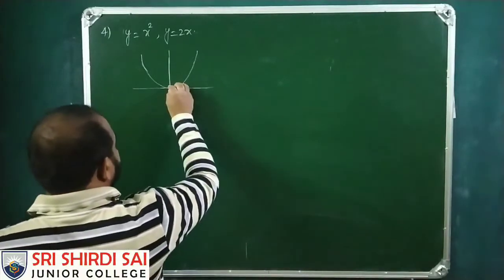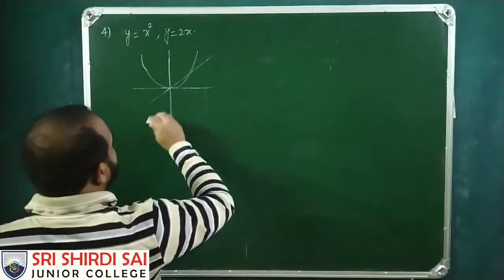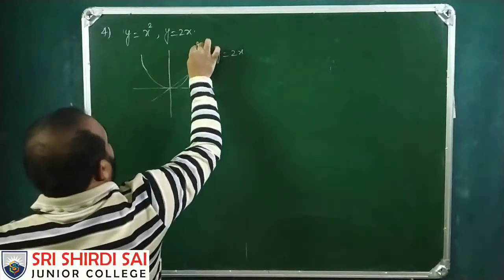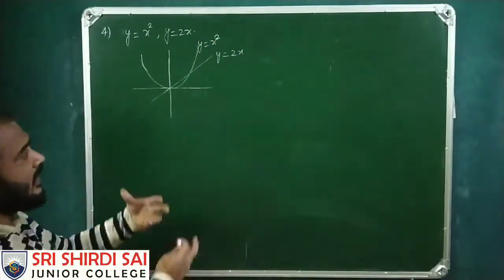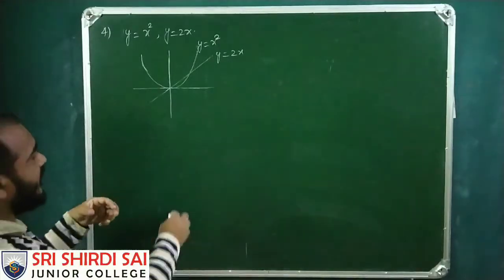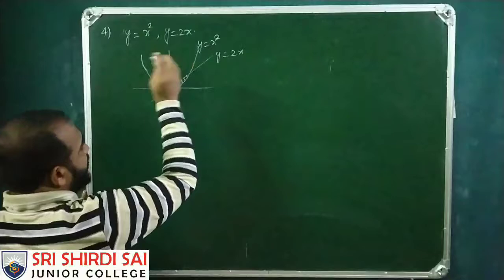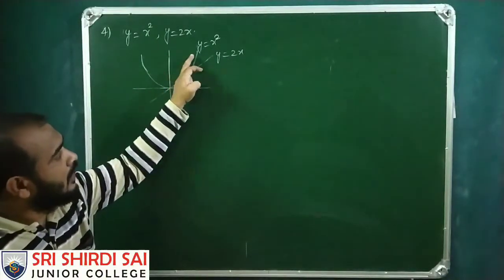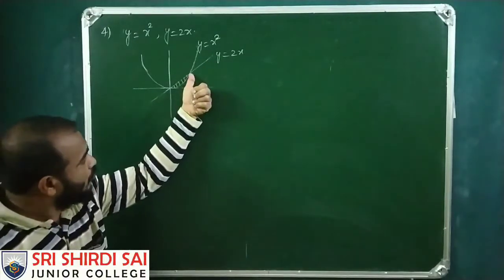Therefore, this is y equals 2x, and this is y equals x square. So the diagram clearly shows that there is some area enclosed here. This parabola and this line intersect each other at this point.